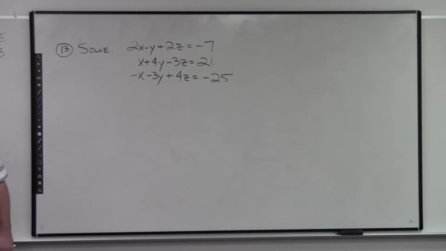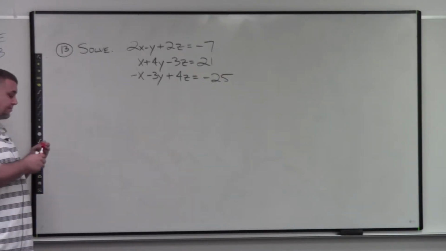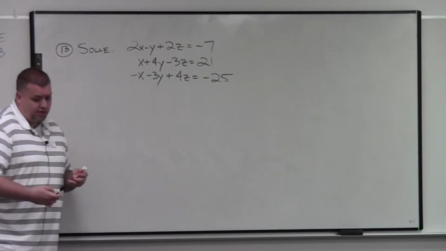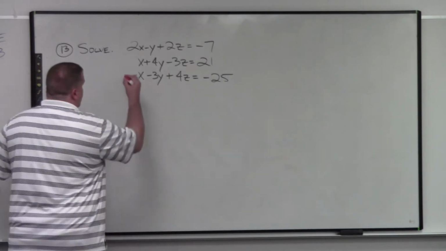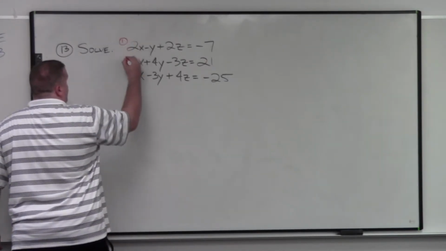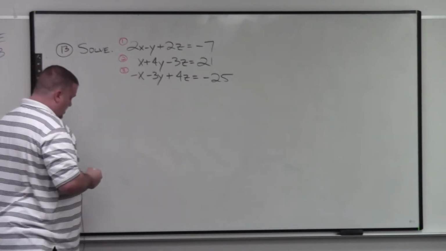Problem number 13 is asking us to solve this system of 3 equations. So organization is the key on these types of problems. I'm going to go ahead and label my equations 1, 2, and 3.